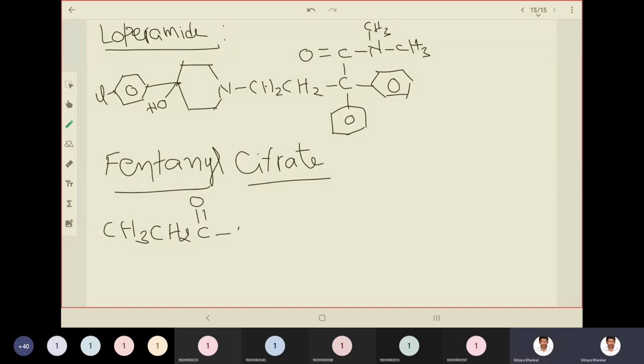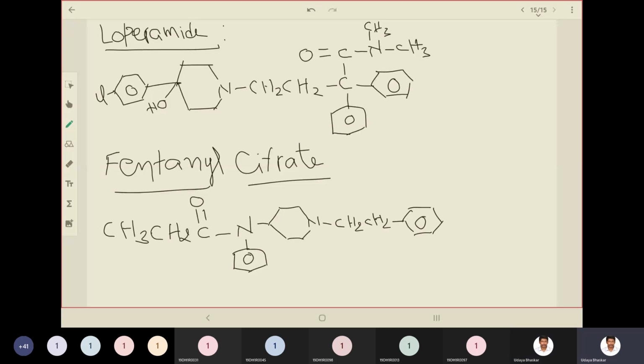CH3, CH2, C double bond O, which is connected to a nitrogen, which is having a phenyl substituent and having a piperidine, on the other hand, this nitrogen further extended with ethylene to a phenyl.